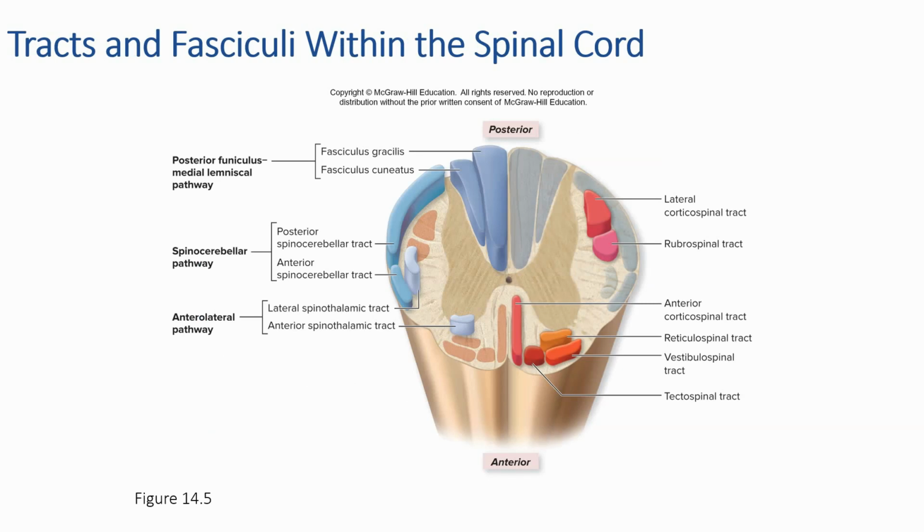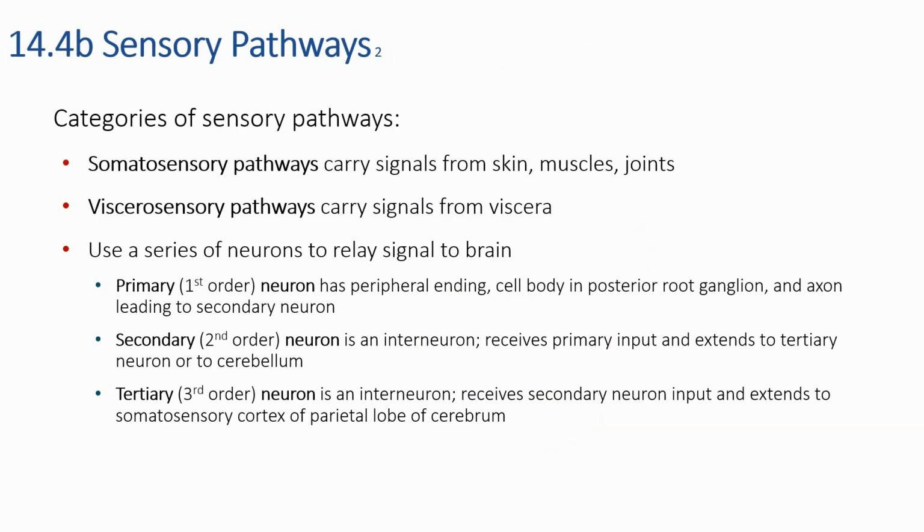One way to keep this in mind is to look at the name. We're always going to go from where the tract started to where it's going to. So the spinothalamic tract is going from the spine to the thalamus, therefore it's going to be sensory. Now, sensory pathways are going to use 3 neurons in a chain to go up toward the brain.